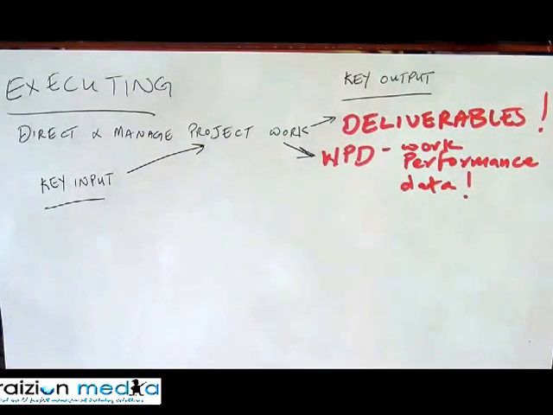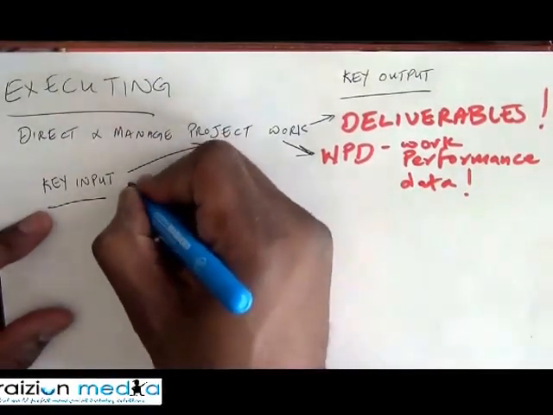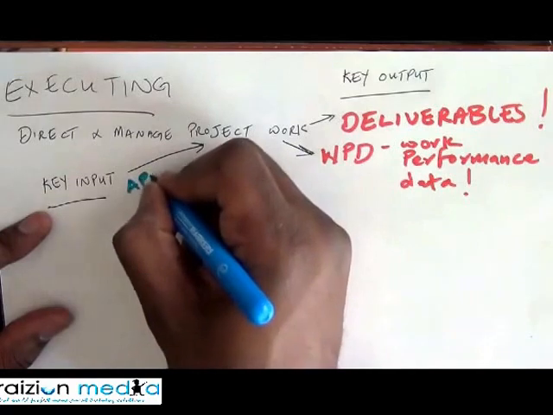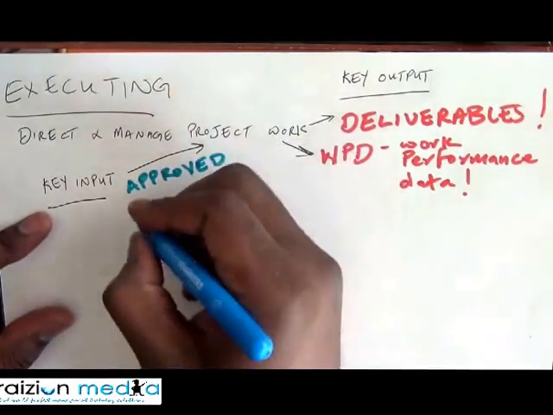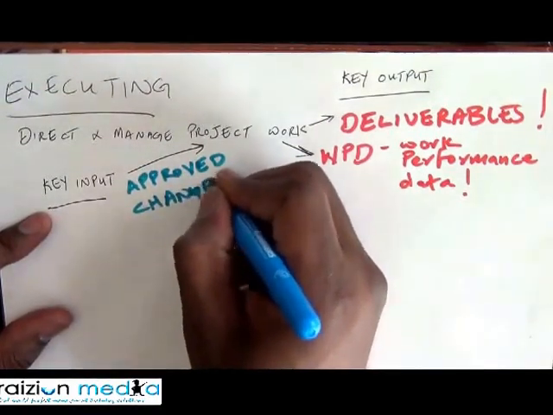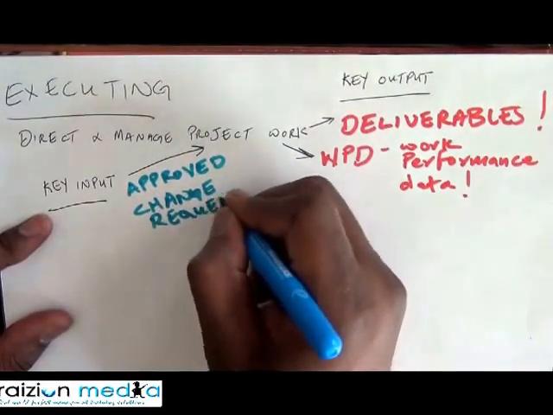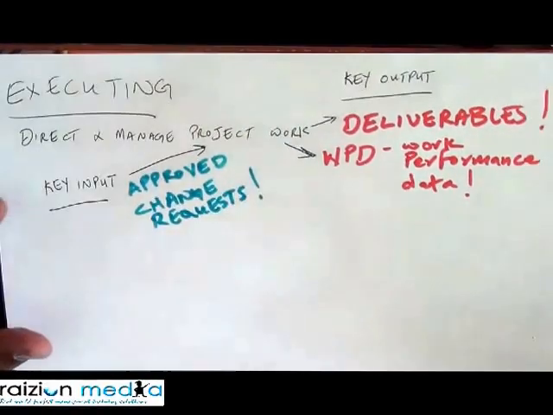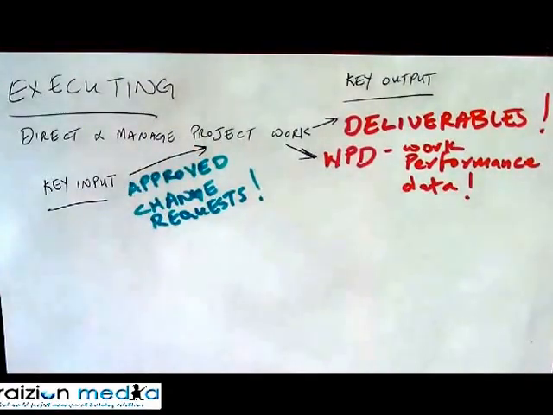And one of those things, which is very important, is called approved change request. Did you know that approved change requests is an input to direct and manage project work?